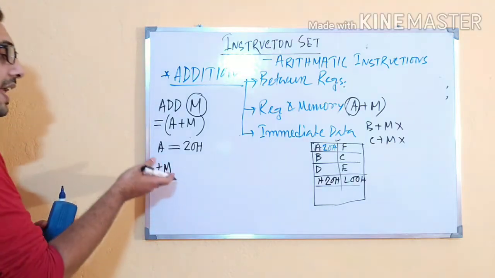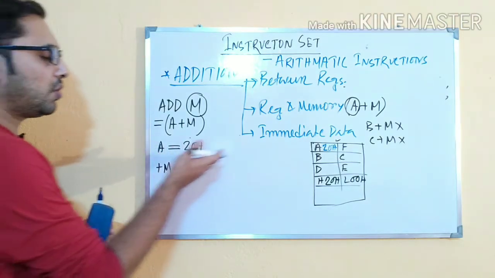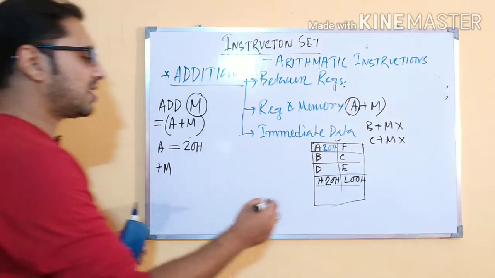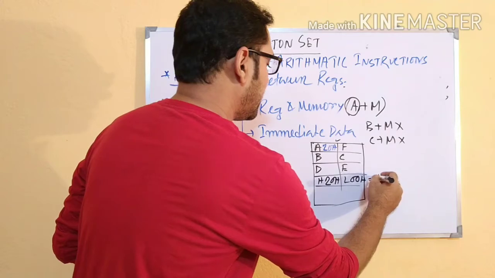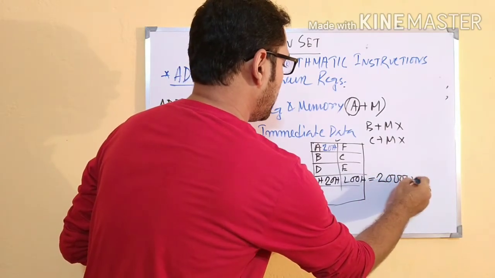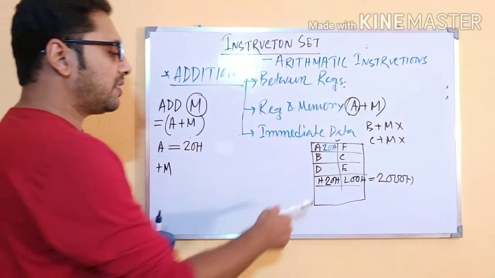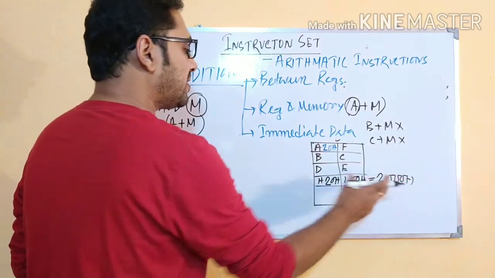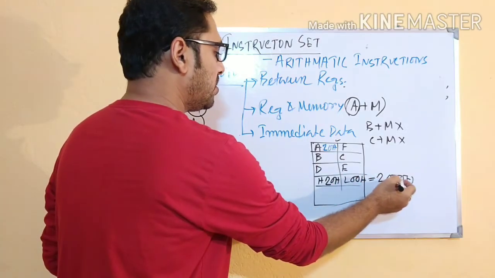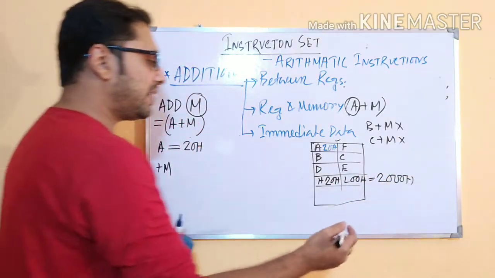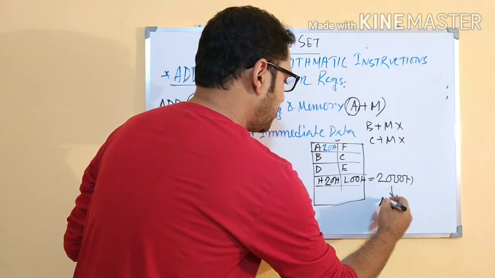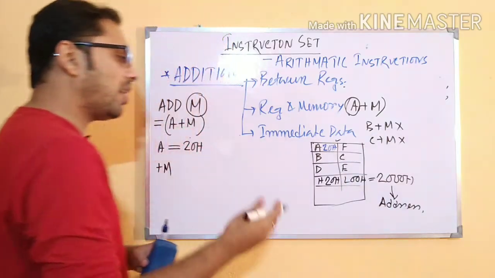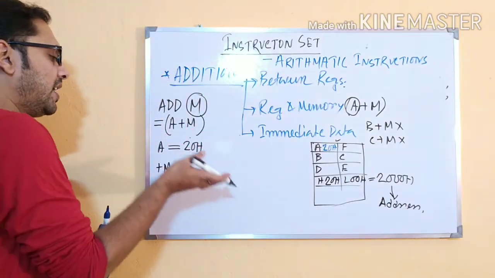What is the value that M holds here? Then we need to look at the HL register pair. The HL register pair as a whole contains the value 2000 hex. Remember, this 20 is data and this 00 is data, but as a whole they represent 16-bit data, that is 2000 hex. This 16-bit data will be treated as an address, and from this address whatever data is available will be added with the accumulator.